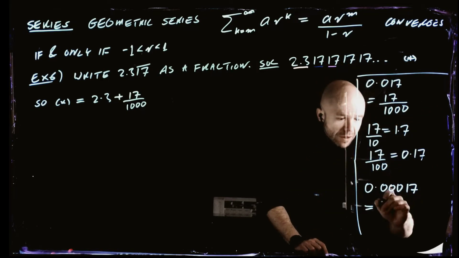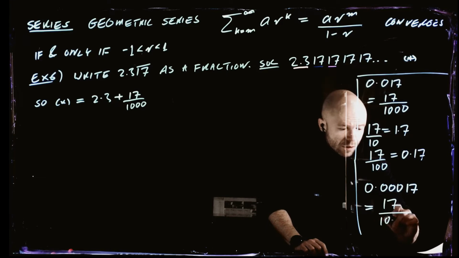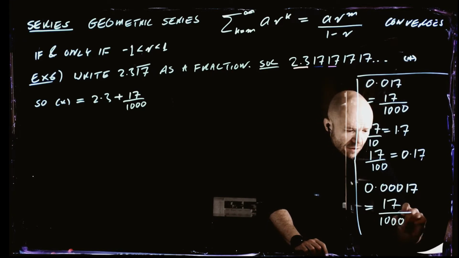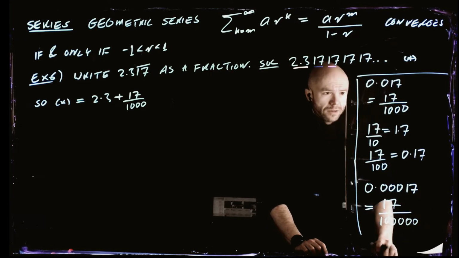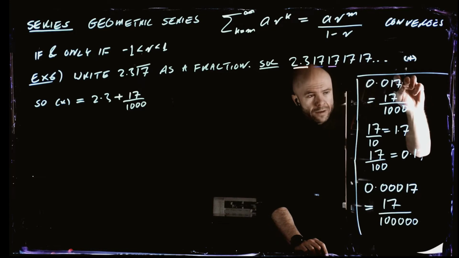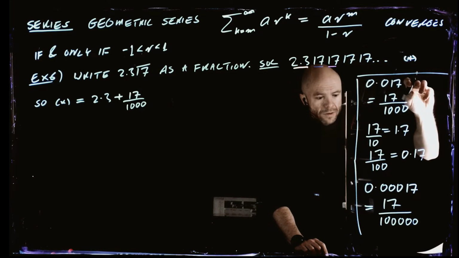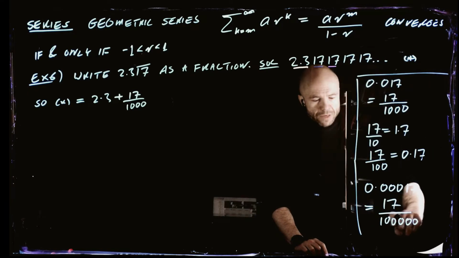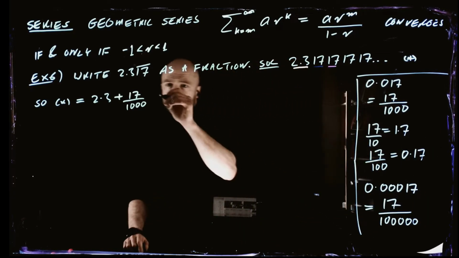So this will have to be 17 over 100,000, like this. Because if we put another 0 here, we're moving it 1 to the right, but we need to move it yet another 1 to the right. So now we have to divide by 100,000.